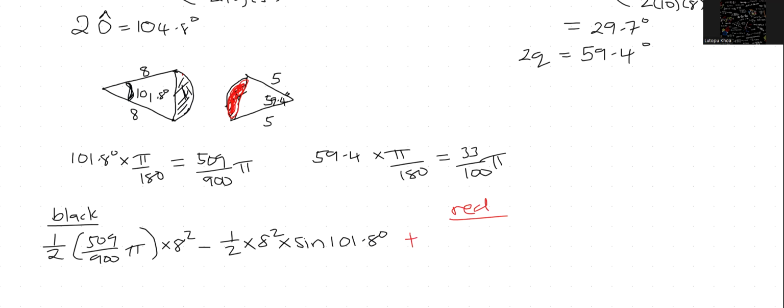So it's half theta, 33 over 100 pi, times the radius squared, minus the area of the triangle, half times the radius squared times sine of 59.4. If you write sine of 59.4, make sure your calculator is in degrees. If you write sine of 33 over 100 pi, make sure your calculator is in radian mode.